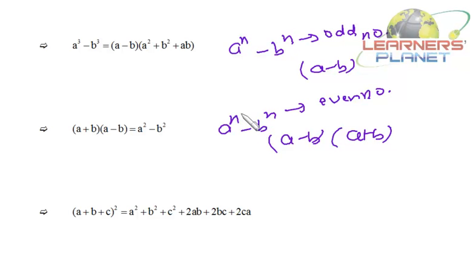So if n is even, a-b and a+b, both of them will be factors of aⁿ - bⁿ, and if n is odd, only a-b will be a factor.